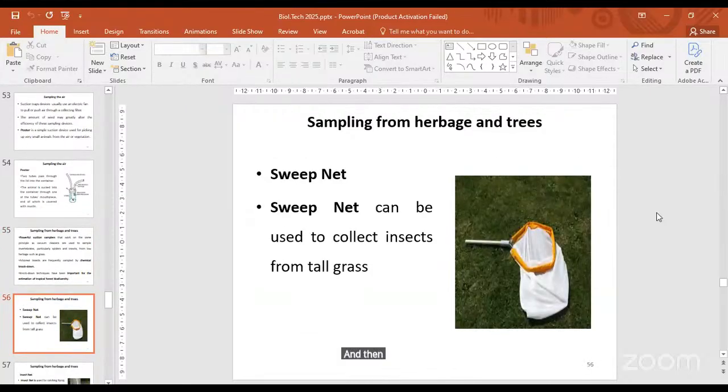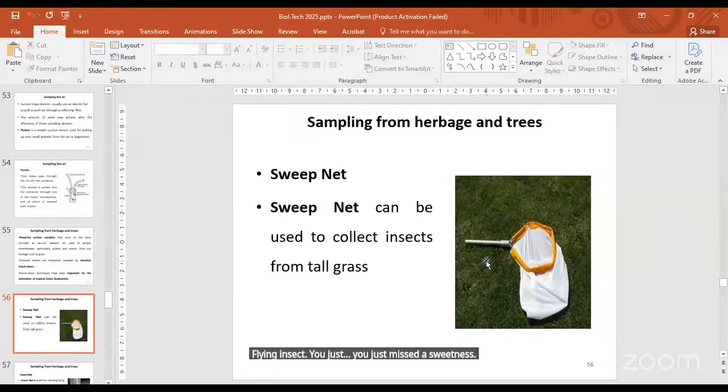And then another method to use, apart from suction and chemical knockdown, is the sweep net. A sweep net is used to collect flying insects. This is a sweep net.